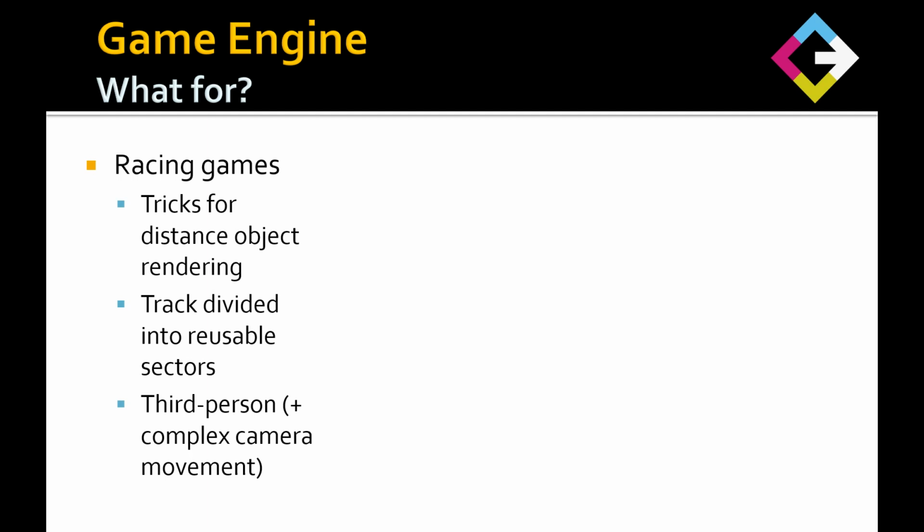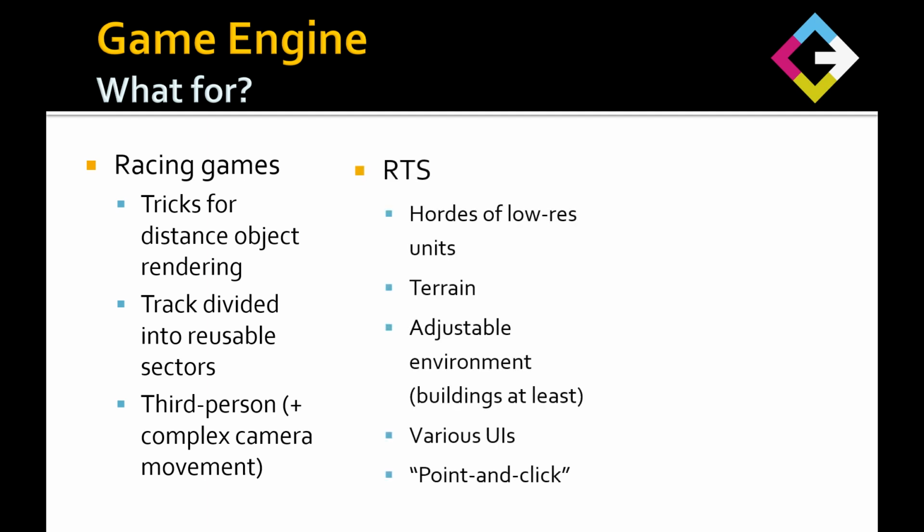Racing games require tricks for distant object rendering, track divided into reusable sectors, and third-person, kind of complex camera movement. RTS: hordes of low-res units, terrain, adjustable environment, buildings at least, various UIs, a lot of them actually, and a point-and-click interface. And mass multiplayer games require a scalable networking subsystem.